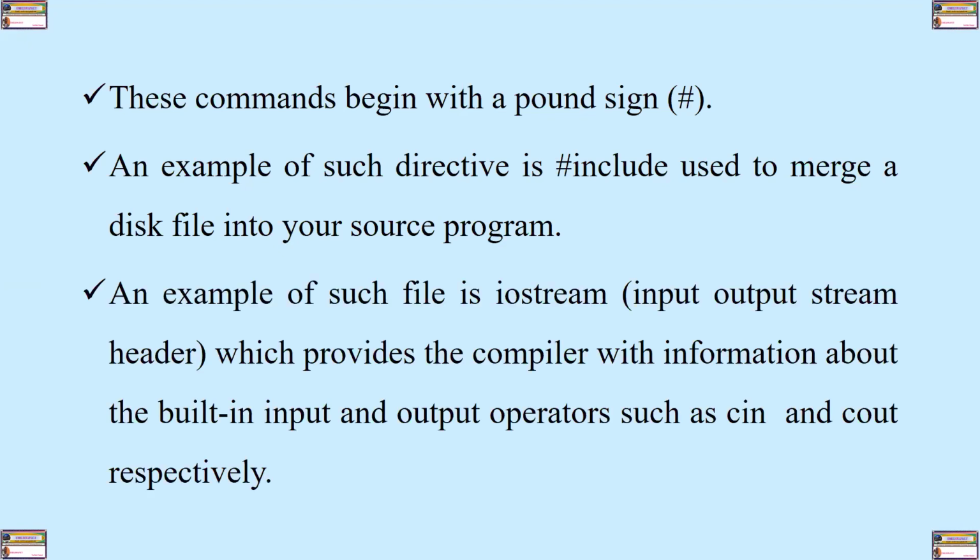An example of such a file is iostream, which stands for Input Output Stream header, which provides the compiler with information about the built-in input and output operators such as cin and cout, respectively.